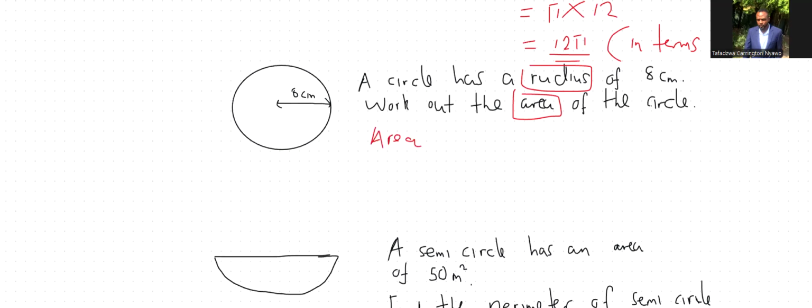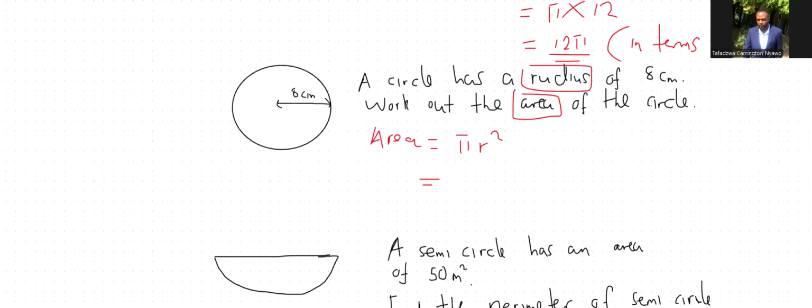Pi r squared. Now I'm subbing into this formula the information that has been provided. I'm going to insert the information that has been given into this formula. So the formula for the area of a circle is pi r squared.